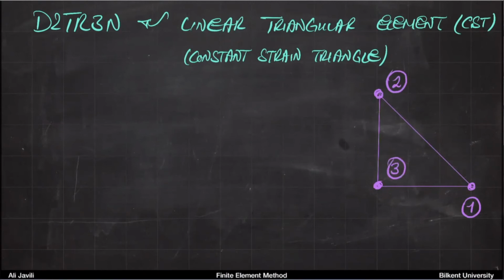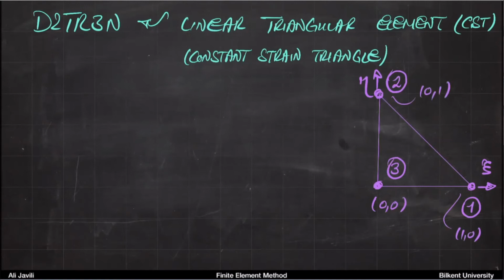And your coordinates are exactly the way you would imagine, so they are xi and eta like this. Node 3 would be at 0, 0, node 1 would be at 1, 0, and node 2 would be at 0, 1.